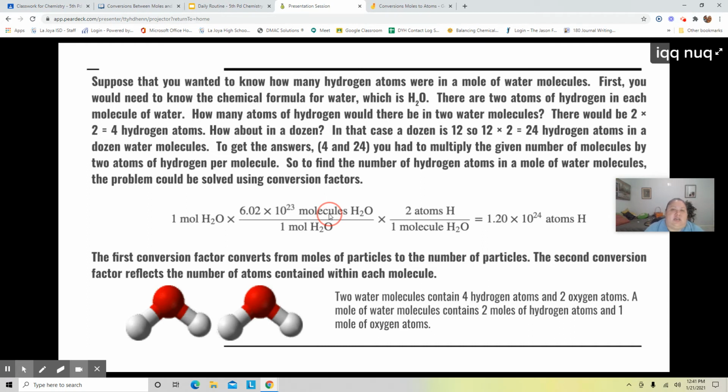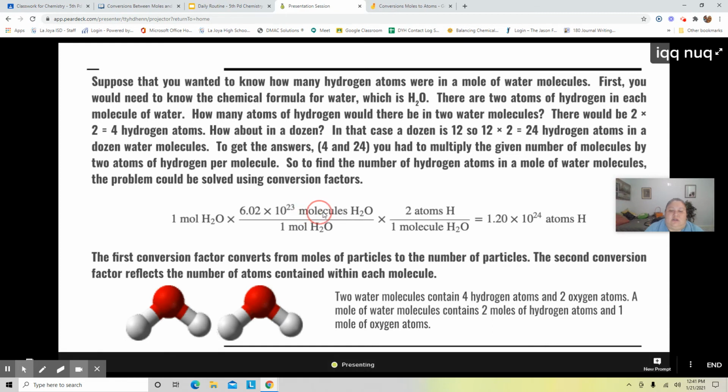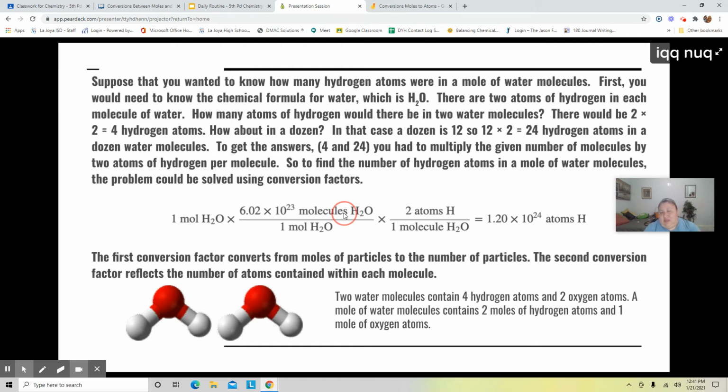But once you're done with the strategy, now you're in molecules of the whole thing, of water, not of hydrogen. You're going to have to do another dimensional analysis. You're going to have to do one more conversion where that conversion says if you have one molecule of water, you're going to have 2 atoms of hydrogen.